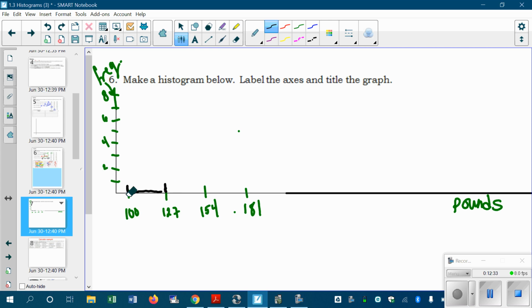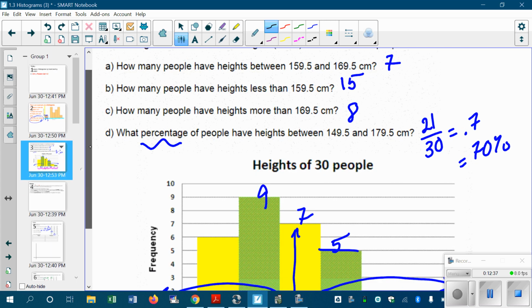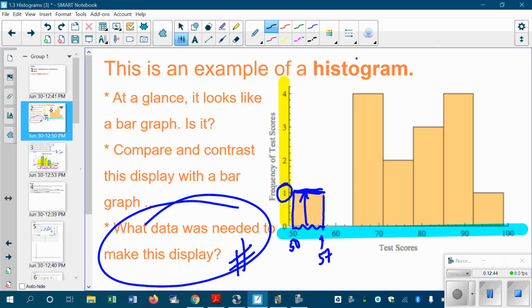Okay, remember how that looked in the beginning in that example that we had? Right, how these bars were like right up against each other? That's important. The only time that you're going to have a space in a histogram is like here. There wasn't any data in this example. No one scored on the test between 57 and 64.